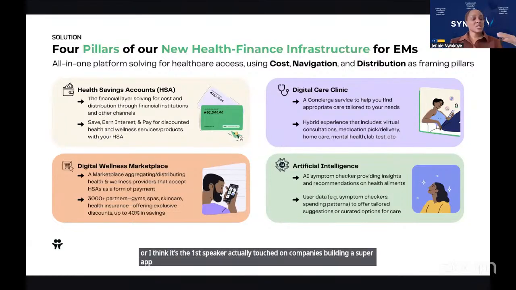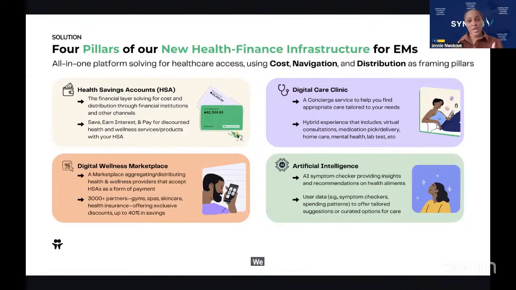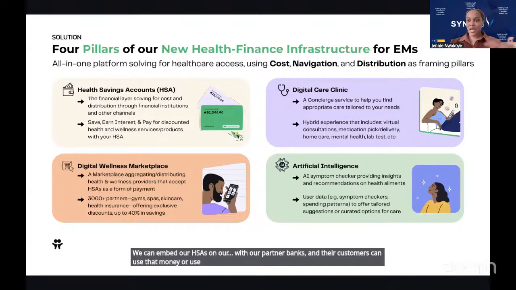So instead of having a separate account, a separate app for your banking or your health insurance or whatever the case might be, because we have a financial product, which is our HSA, we can embed our HSAs with our partner banks, and their customers can use their HSAs to access healthcare on our platform. Second is our digital health clinic.